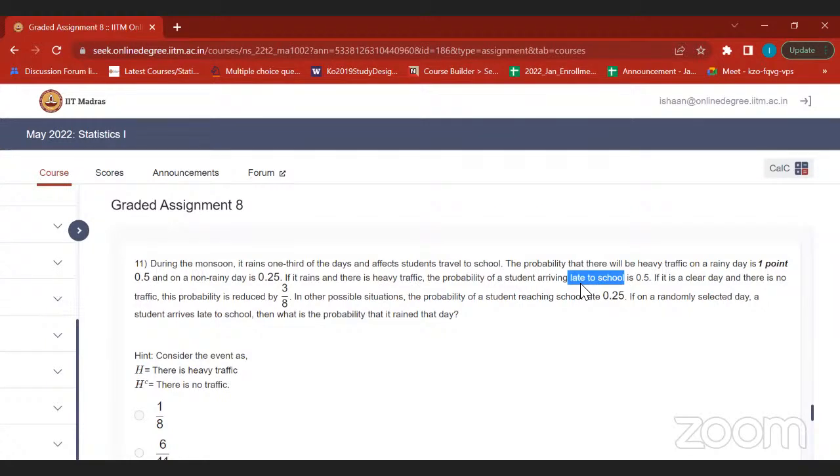Let me just define the events. So R means rainy day. H means heavy traffic. And L means late for school.